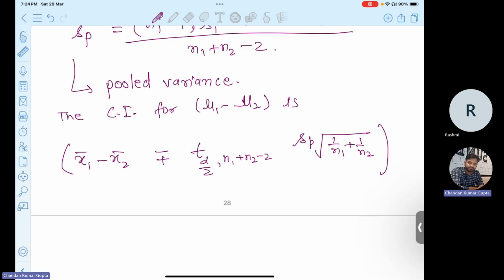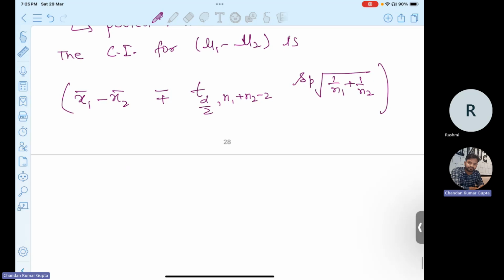This is how we construct the confidence interval when we don't have the population variance.